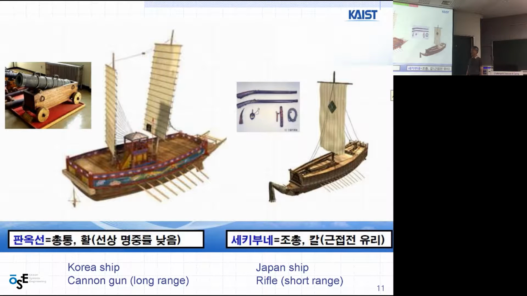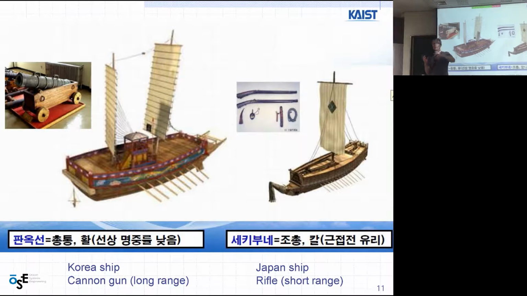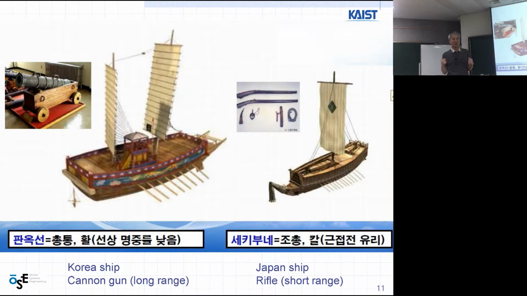So you can expect that they want to fight far away, right? Long range gun is coming. And Japan want to come close to the ship and fight nearby, right? Using rifle and then knife. So tactically, they have differences.